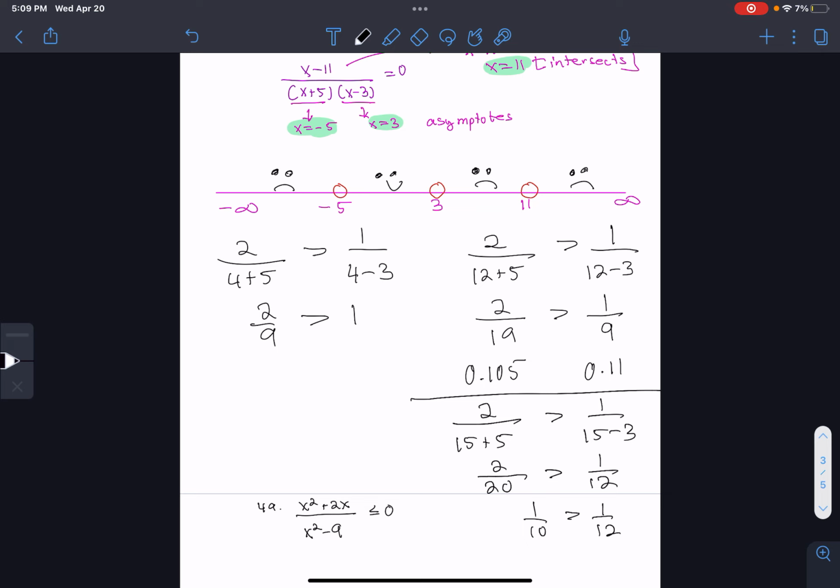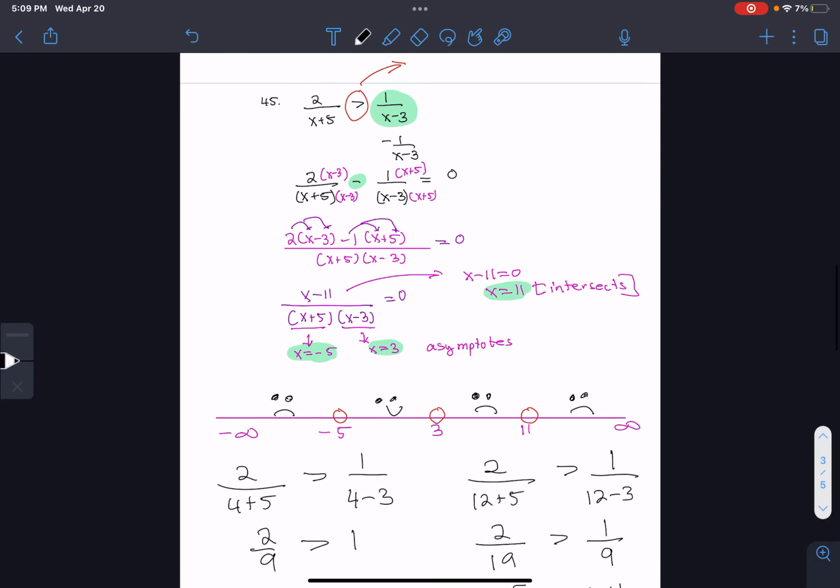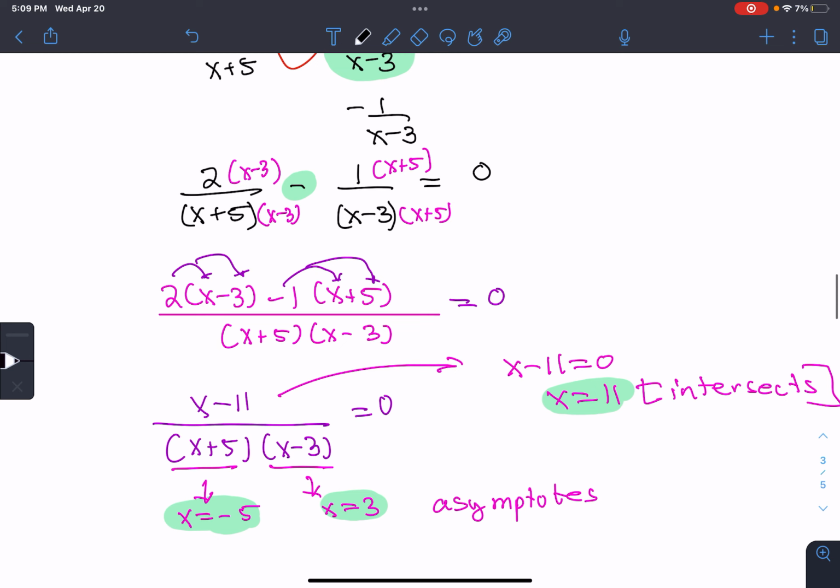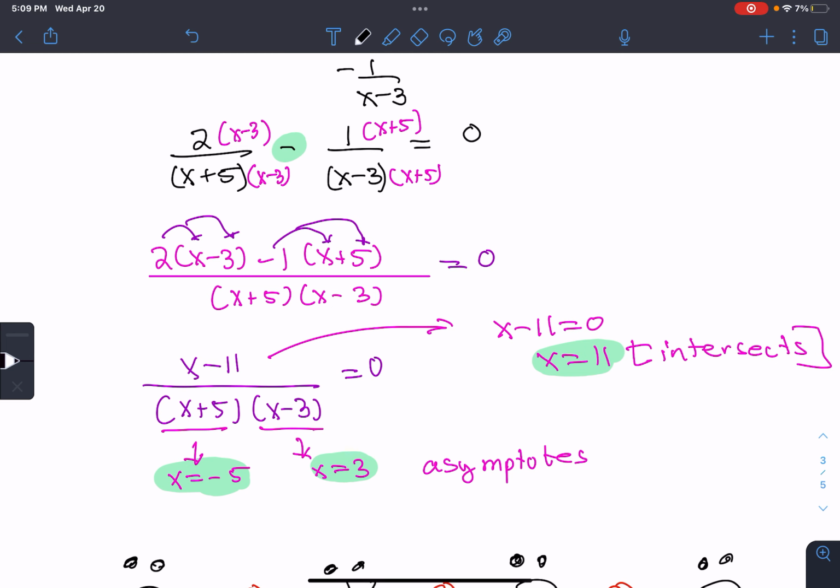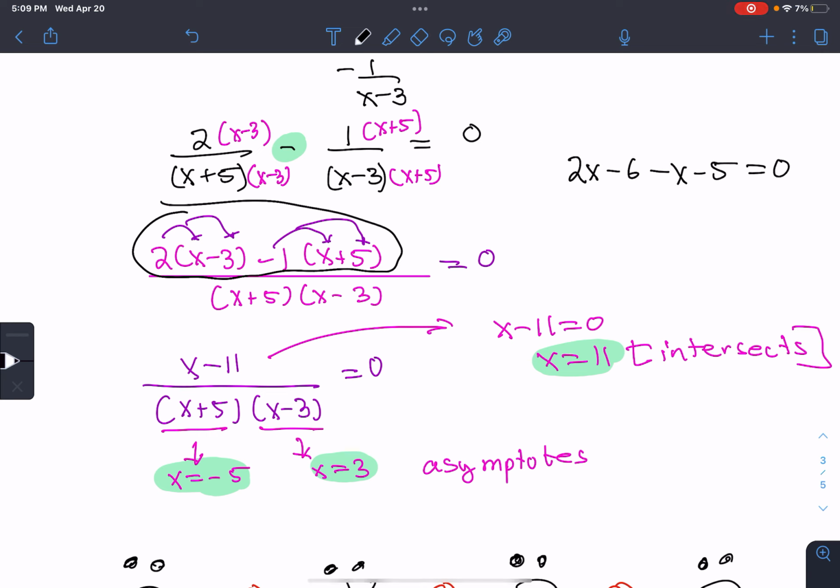So here, that makes me feel like there was a math mistake somewhere. So what I'm going to do actually is I'm going to go to the beginning, and I'm going to check here and make sure I did everything right. So this step over here, everybody. So this was 2x minus 6 minus x minus 5. So this was x minus 11. Yeah, so it's x equals 11.